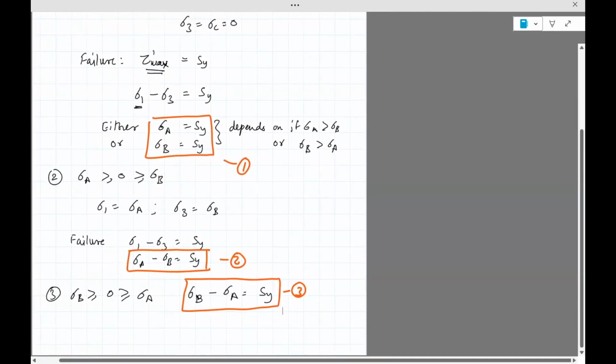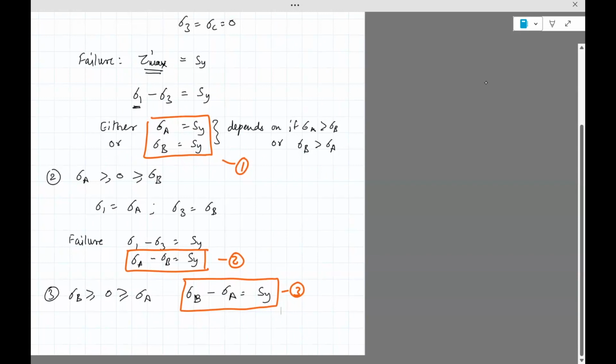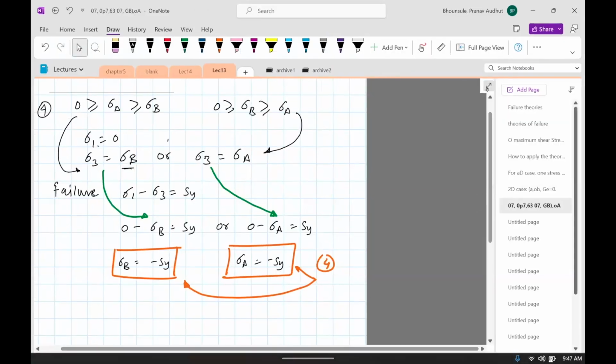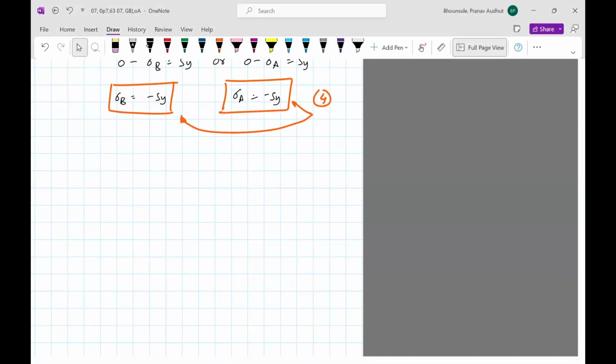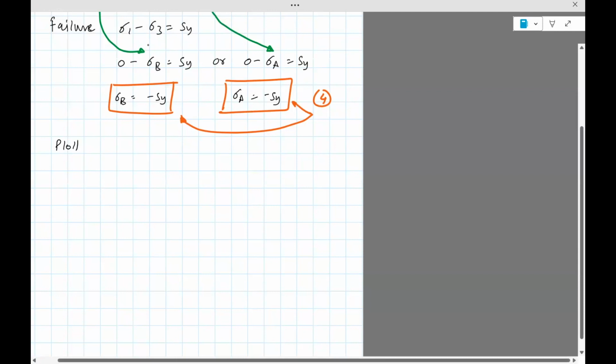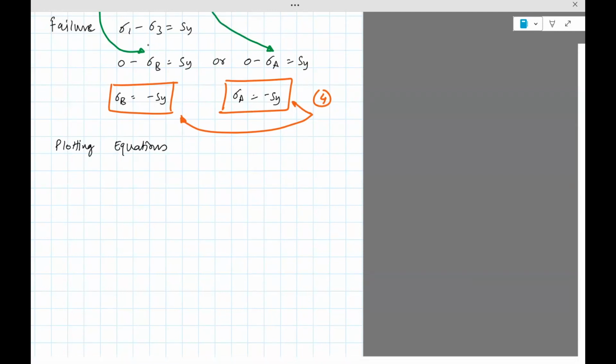Now we can actually plot these values on a curve involving sigma a and sigma b. Okay, let's just do that. This step is plotting equations 1 through 4.